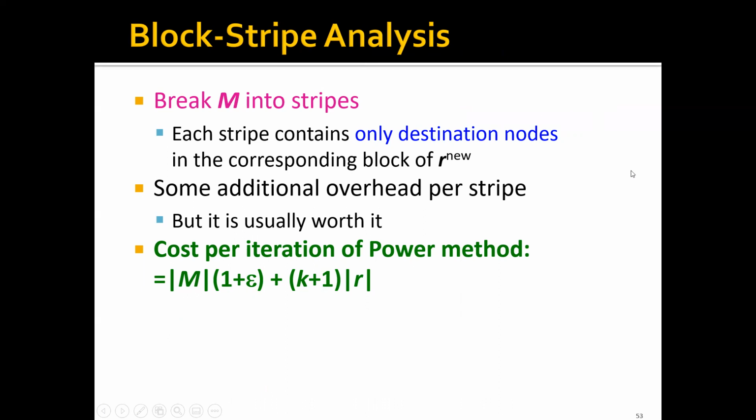Of course, we have some additional overhead per stripe, but it's usually worth it practically. And the cost per iteration of this method will be the size of M times 1 plus epsilon, plus K plus 1 times the size of R. This last term is the same as before. What we saved a lot is the first term, and epsilon is the overhead that we mentioned.